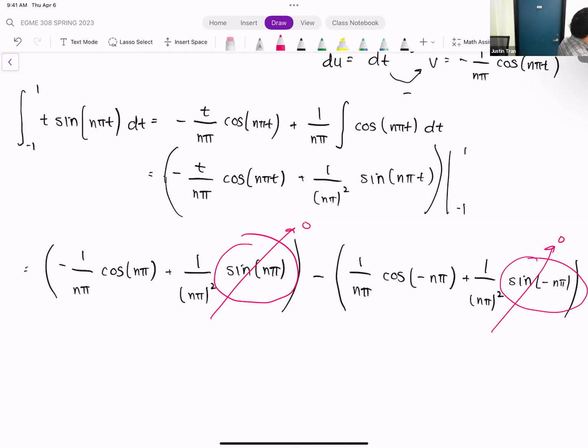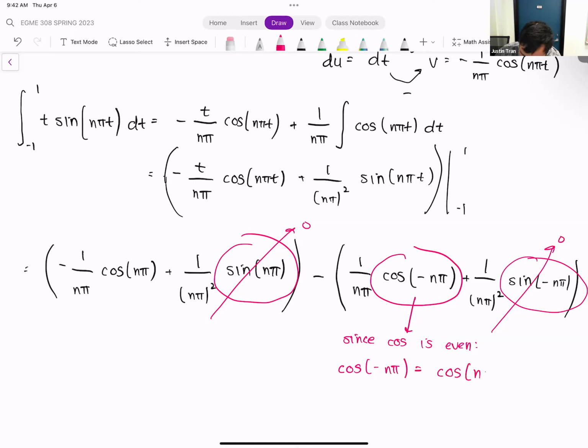That was the same as what we found last on Tuesday. The other thing we know is that since cosine is even, cosine of minus n pi is equal to cosine of n pi, so that minus sign in the argument just goes away.